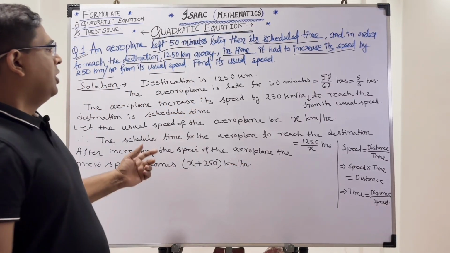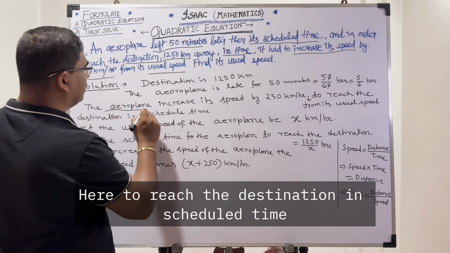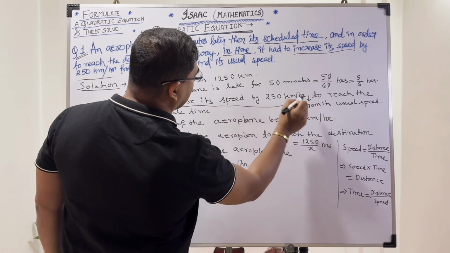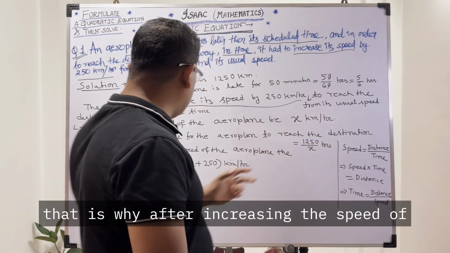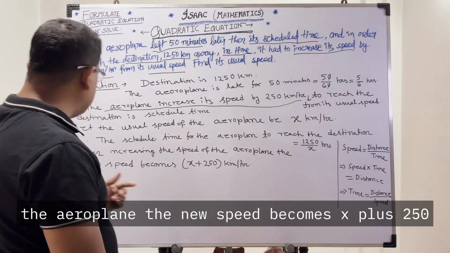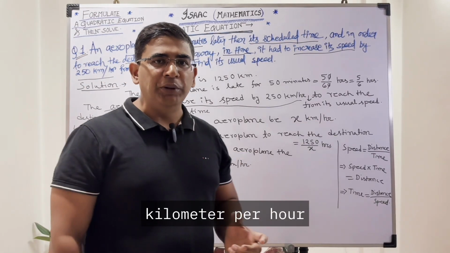Here to reach the destination in scheduled time, that aeroplane increases its speed by 250 kilometer per hour from its usual speed. That is why after increasing the speed, the new speed becomes x plus 250 kilometer per hour.